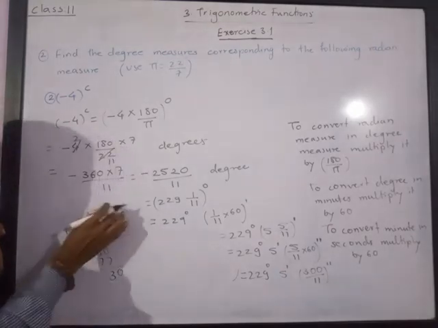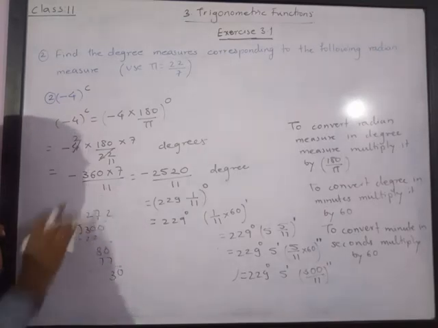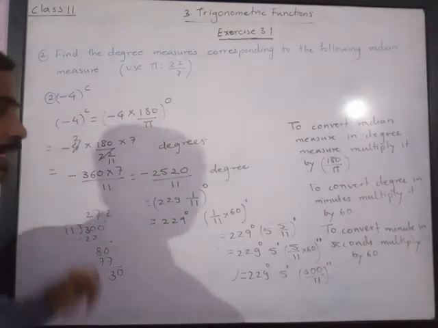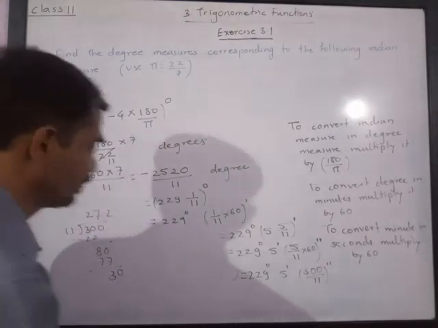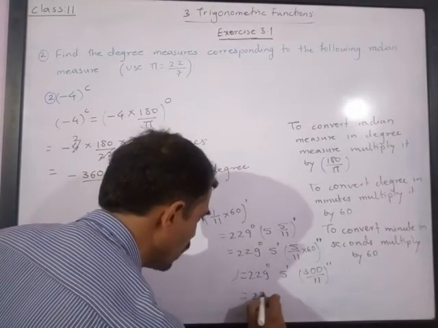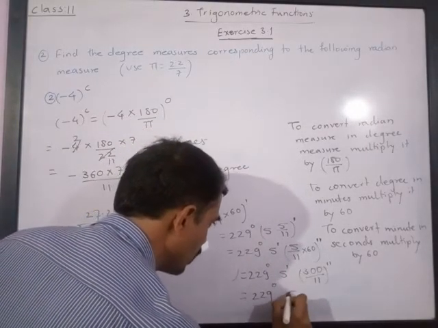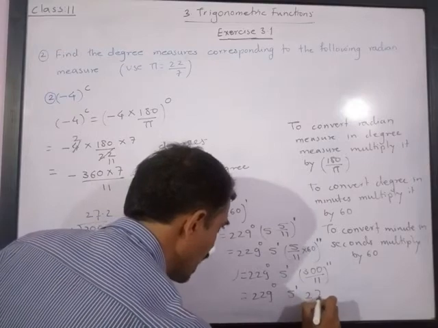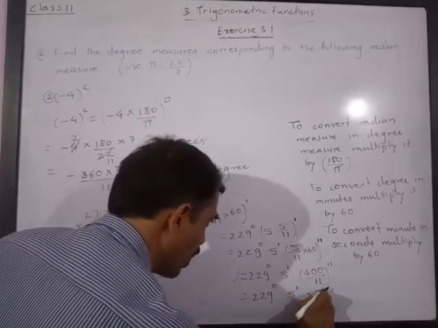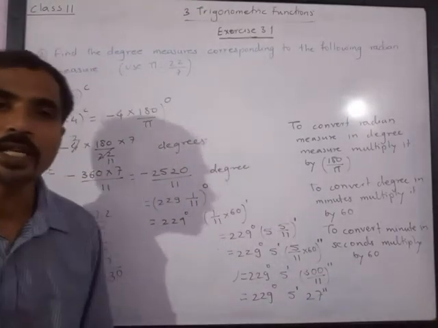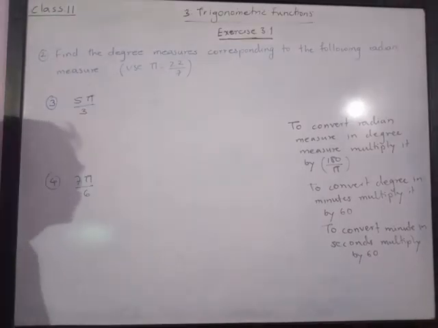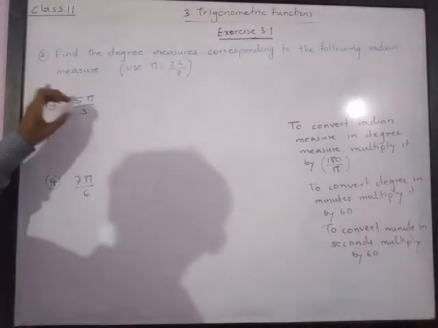So this is 27.2, which can be approximately considered as 27 seconds. So this is equal to 229 degrees, 5 minutes and 27.2 seconds.